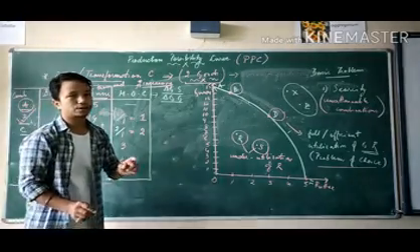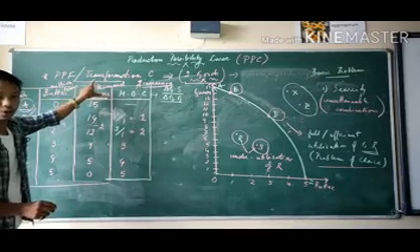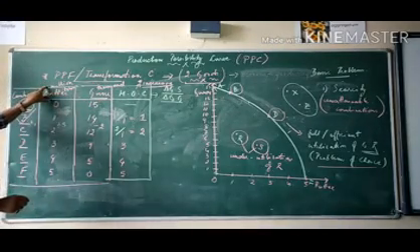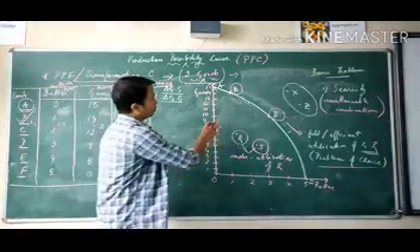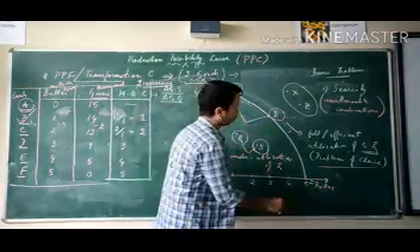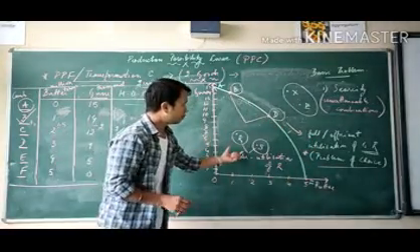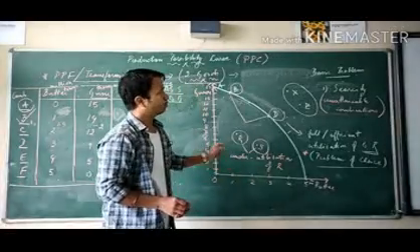So the economy has to decide whether to produce more butter and less guns, or more guns and less butter. So the economy has to choose between these 2 points. This is called the problem of choice.